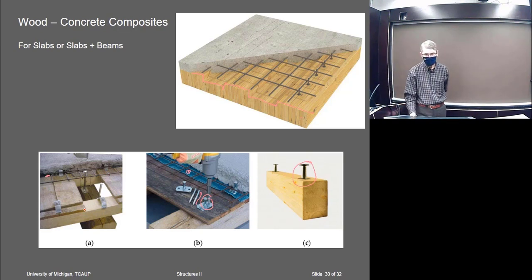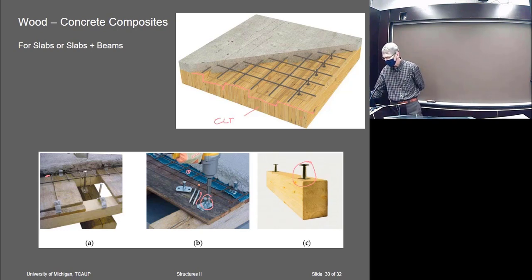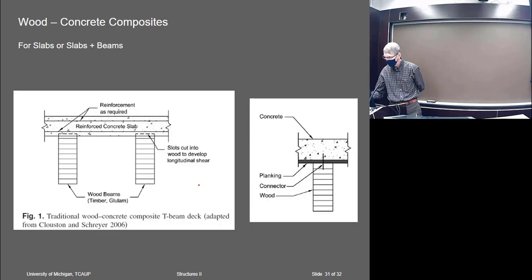What they do more often now, instead of using something like this, is use CLT. They'll do a CLT base and sometimes put just a thin concrete wear surface on top of it, or it can actually add to the strength of the CLT panel.